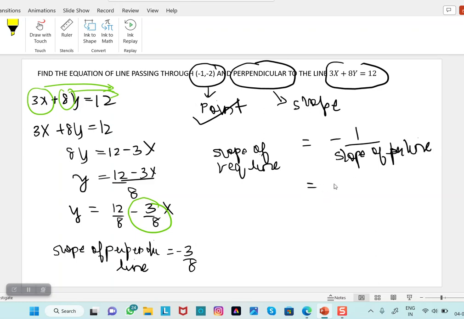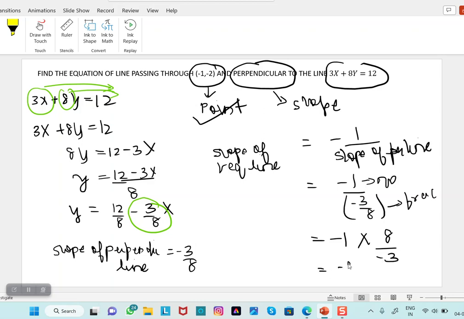So you take minus 1 and your slope of perpendicular line is minus 3 by 8. Now when you have a number on top and a fraction below, it is the number that survives and the fraction becomes ulta. So you had a number on top and this was a fraction below. The number survived, fraction became ulta with a multiply sign. So this is actually minus 8 upon minus 3. You get your slope of required line as 8 upon 3.